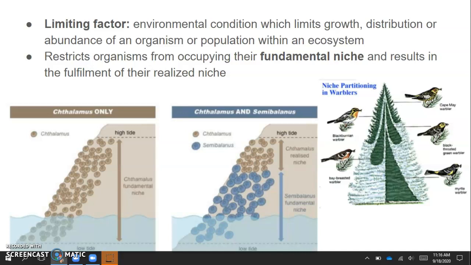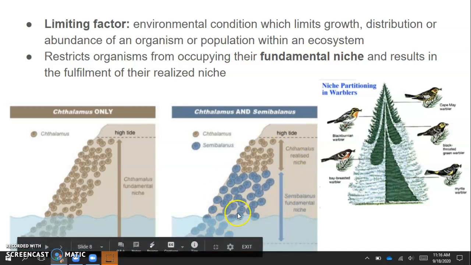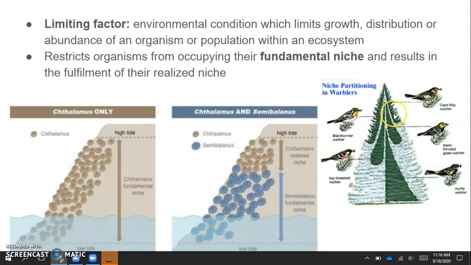If we take a look, this is niche partitioning in warblers. We have different kinds of warblers, which are these teeny tiny little birds, and we have their niches in this tree. Basically we've got this partitioning. Remember, resource partitioning is when organisms basically rule out the competition, if that makes sense.